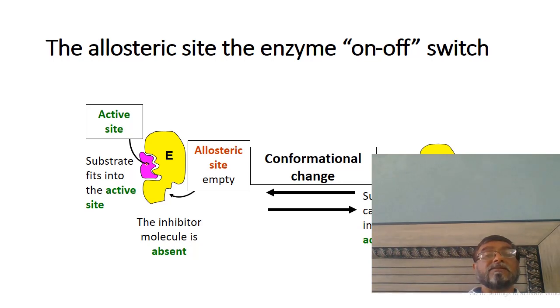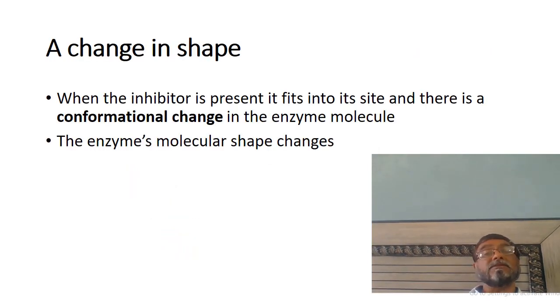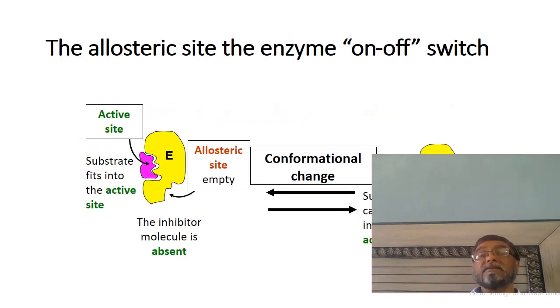Normally the substrate and enzyme make a good complex here. But when the allosteric site is filled, as in this case, the active site has now changed and the substrate cannot fit into that position. So there is a change in shape, a conformational change, as we have seen here.